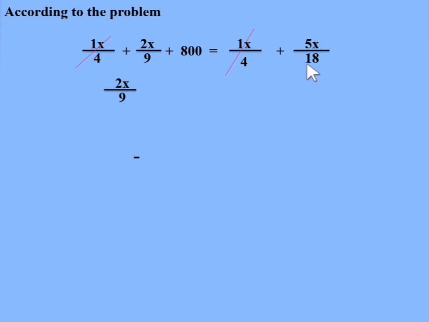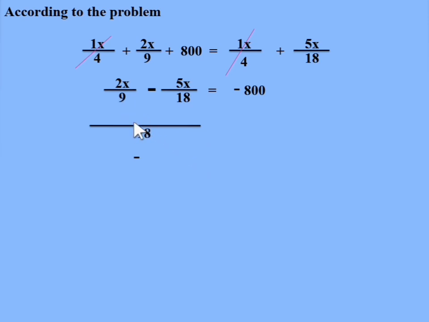and we have to transpose this variable 5x to the left hand side. Minus 5x by 18 equals, and we take 800 to the right hand side, minus 800. So now we have to subtract 2x by 9 and 5x by 18. So we take the LCM of 9 and 18, which is 18.